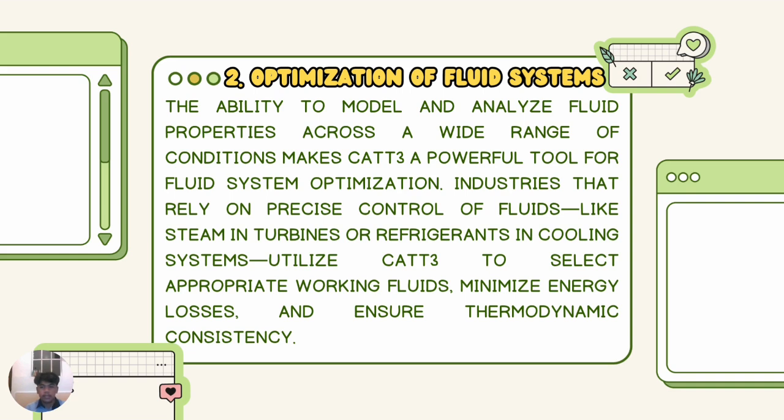What CATT does is help in choosing the right working fluid, like refrigerants, reducing energy losses, and ensuring that calculations are thermodynamically correct. Why does it matter? Even small errors in fluid systems design can lead to energy waste and performance problems.